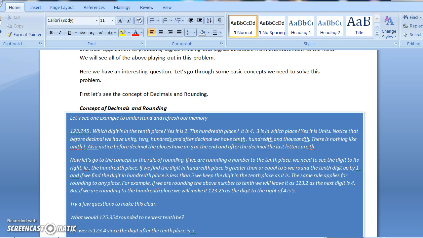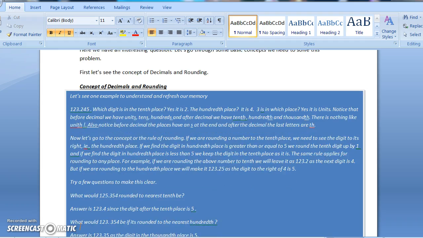For example, if we are rounding the above number to the 10th place, we will leave it as 123.2, because next to 2 is 4, which is less than 5. But if we are rounding to the 100th place, we will make it 123.25 as the digit to the right of 4 is 5. Try a few questions now to make this clear on your own.